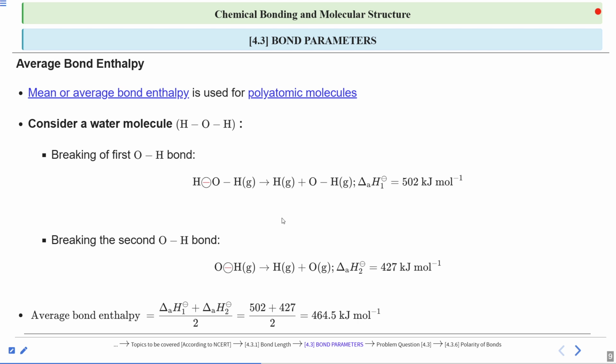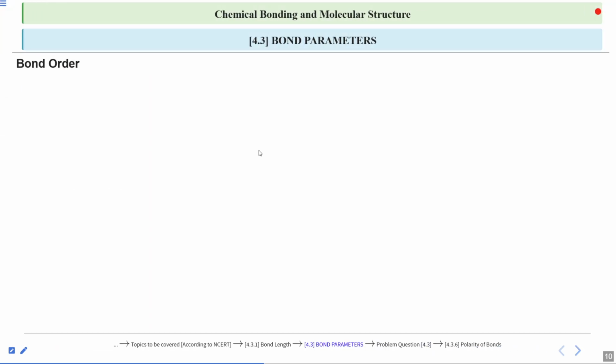Our next discussion would be related to bond order. Yes, of course, these two values will be given if you are being asked about the average bond enthalpy. But you will not be asked such questions in the chemical bonding chapter, hopefully.